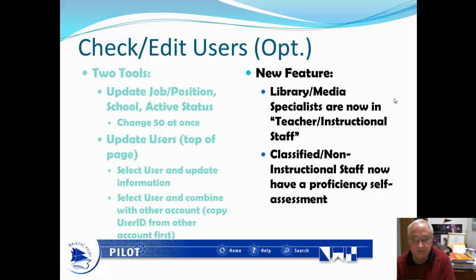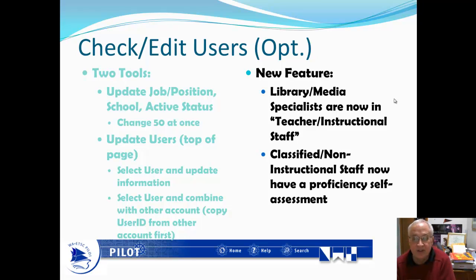It also was directing them to take a self-assessment that dealt with just proficiency, and most of our library media specialists are very much involved in teaching and have the same sort of challenges and situations and resources that a classroom teacher does, and so it makes most sense that they would be in that category.